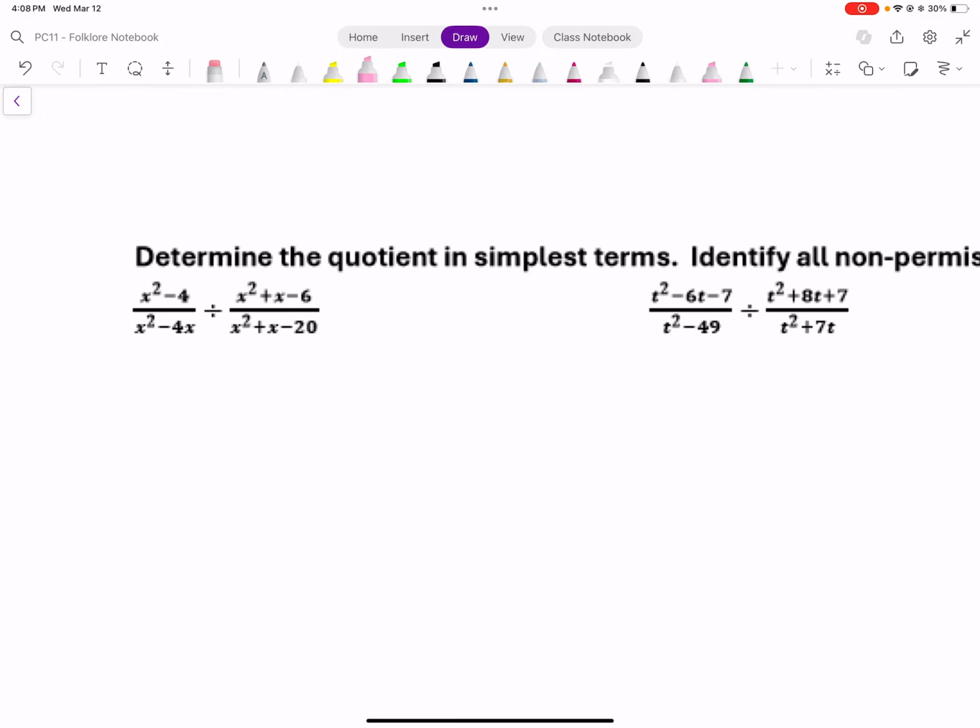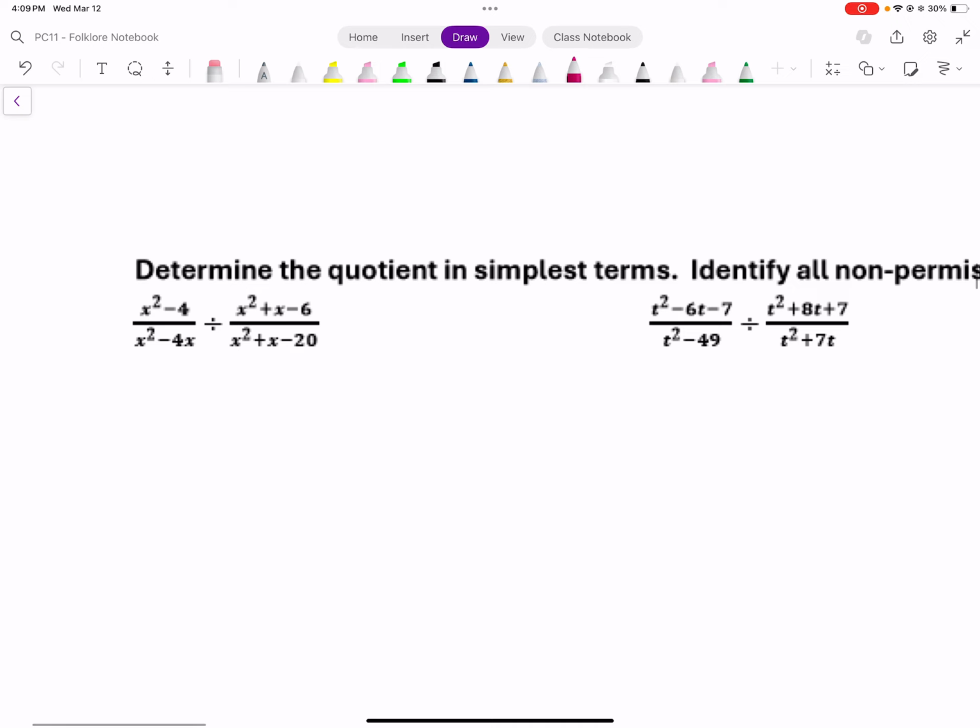Just in case you thought there couldn't be more factoring. Good news, there's plenty. So if you want to start off with this expression here, you can press pause and start factoring. Okay, sure, why not? I can factor the top, factor the bottom.